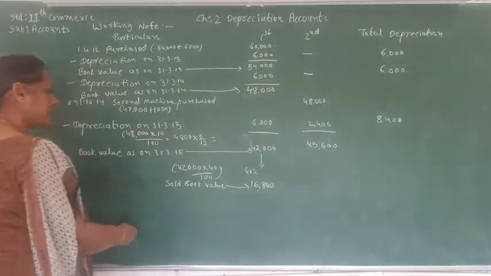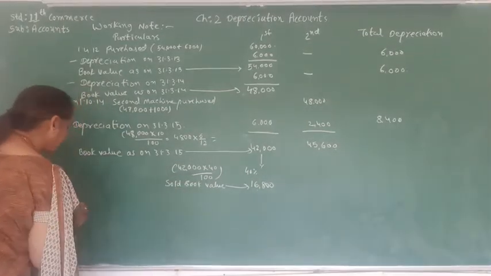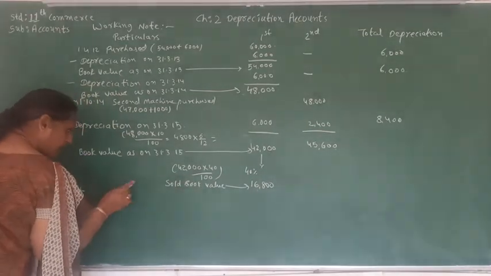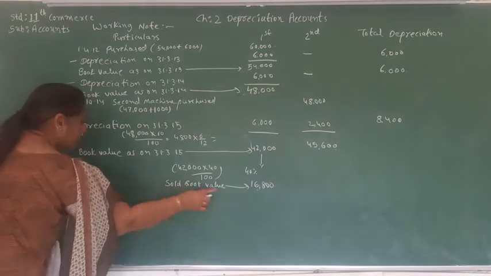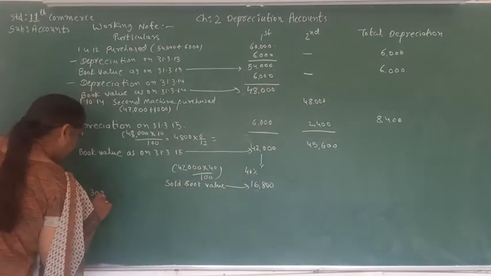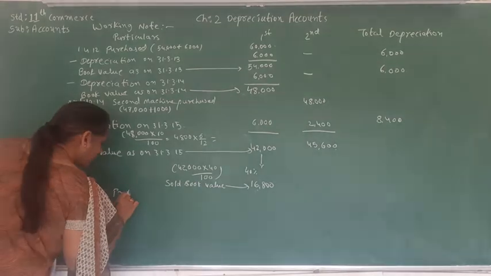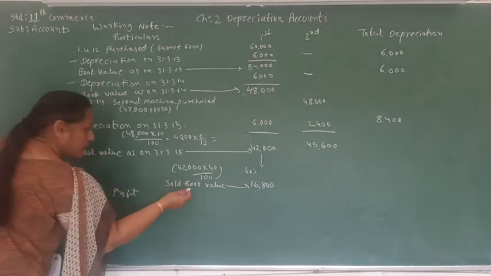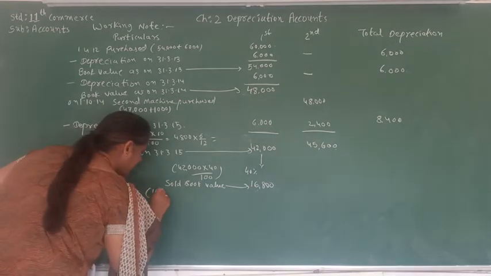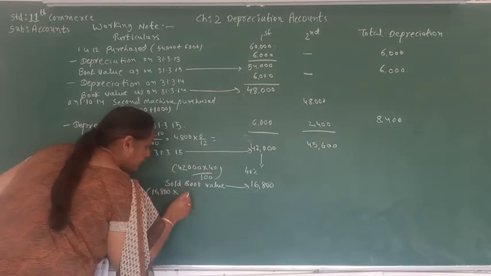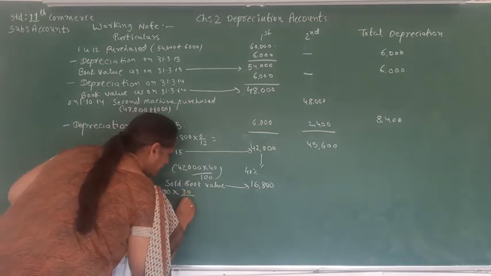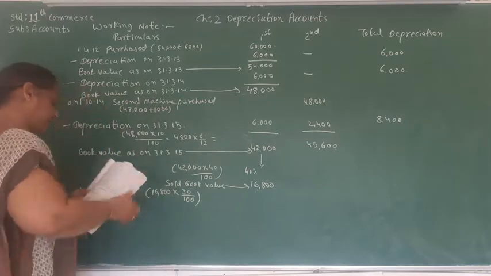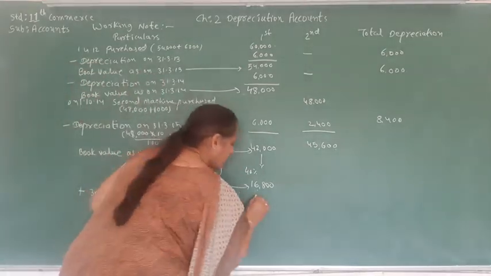Now let's add the profit portion of the sale of the machine. Here we have sold it at 30% profit. So 30% profit of 16,800, into 30%, will be 5,040.